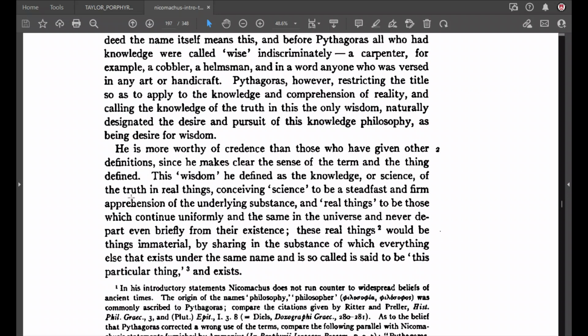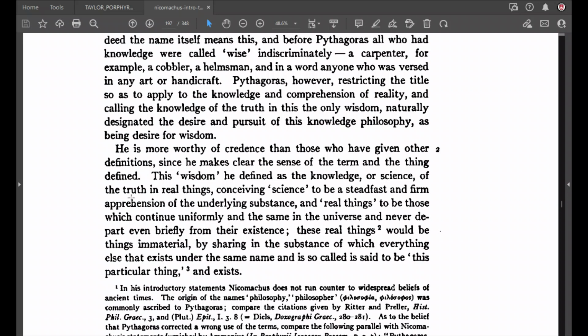Science is a steadfast, that means unchanging. Science is a steadfast and firm apprehension. Apprehension means understanding. A steadfast and firm understanding of the underlying substance of things. Have you ever heard this idea of underlying substance?